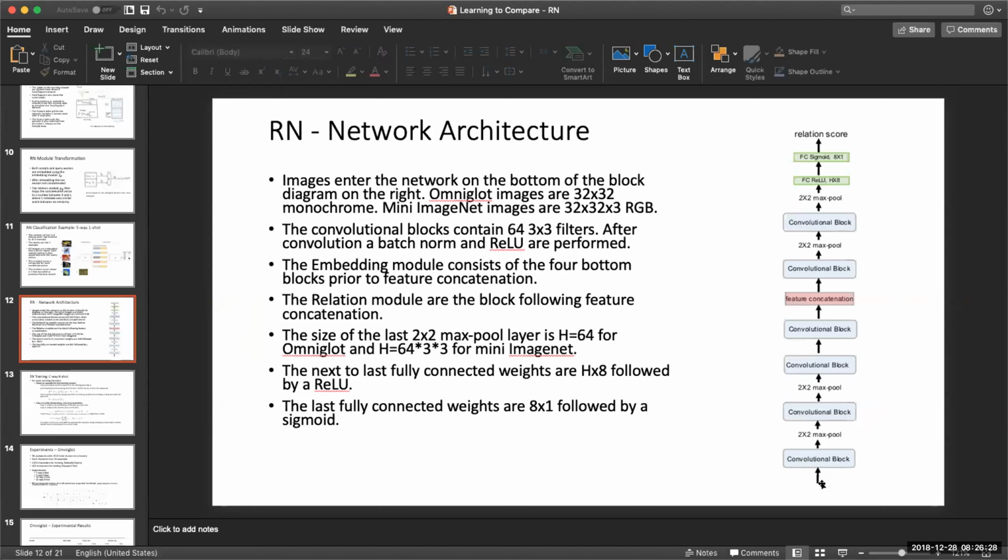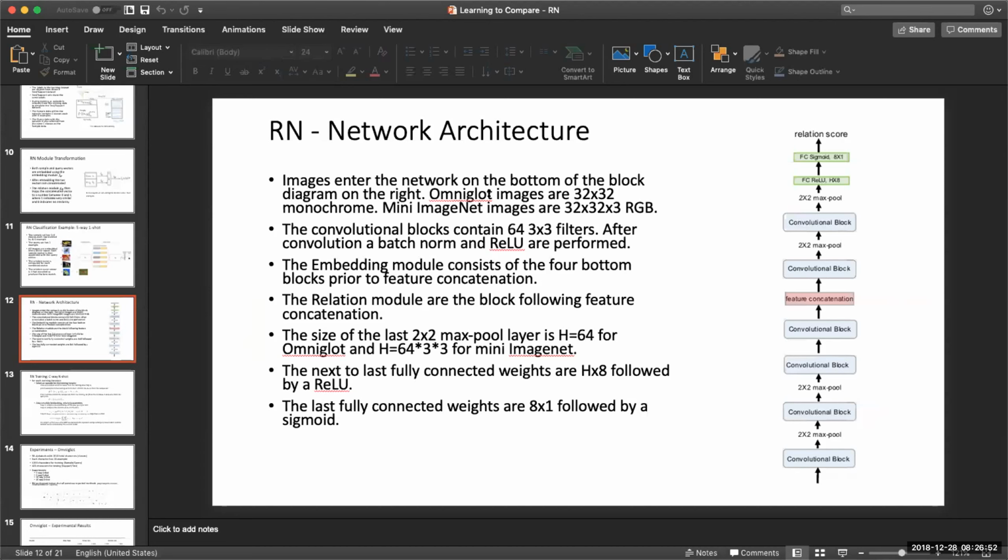So images start here, and they have a specific size. In the paper, they discuss primarily 2 data sets. That's omniglot, which are characters, and mini ImageNet.